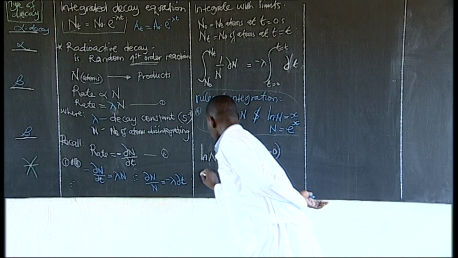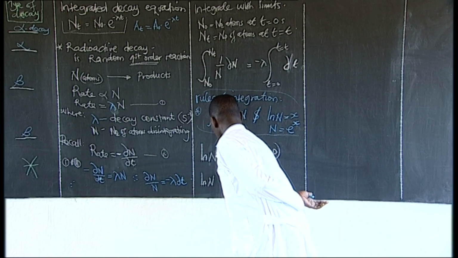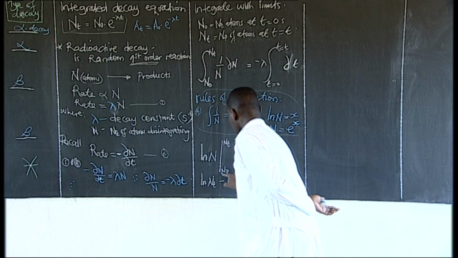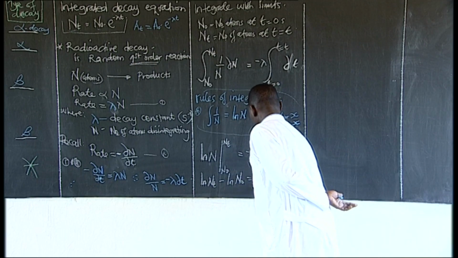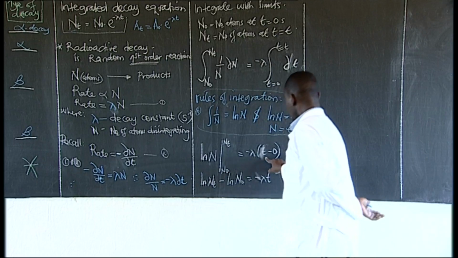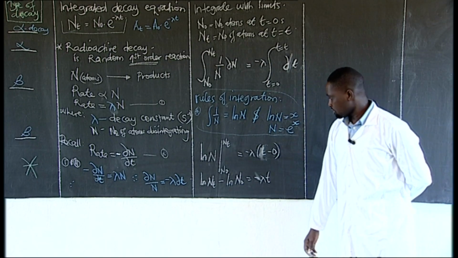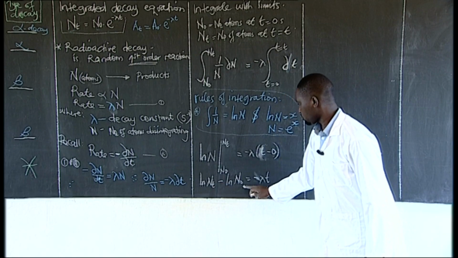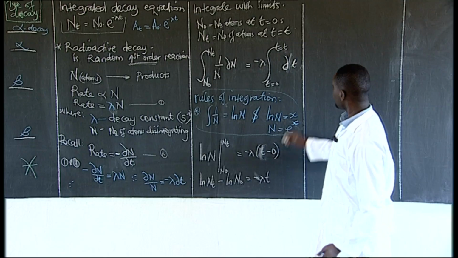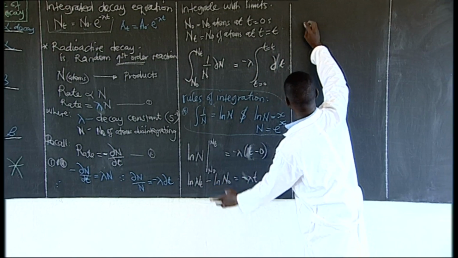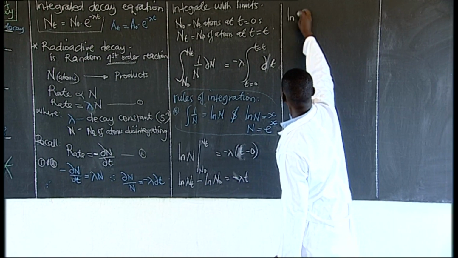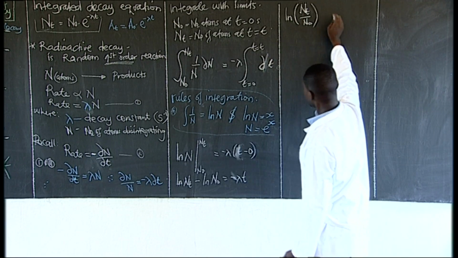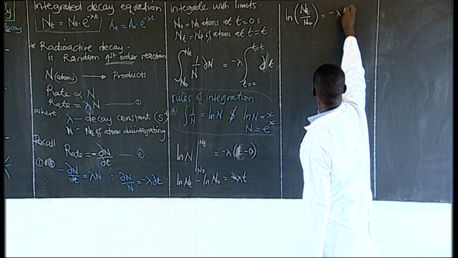So directly this gives us ln of the upper limit, minus ln of the lower limit, is equal to negative lambda t, since t minus 0 is t. Now, let's shorten this using the rules of logarithm. Since we are subtracting, it is the same as ln of Nt over N naught is equal to negative lambda t.